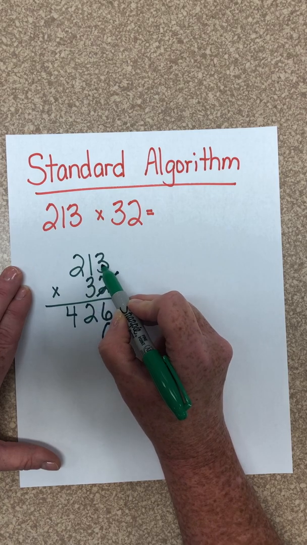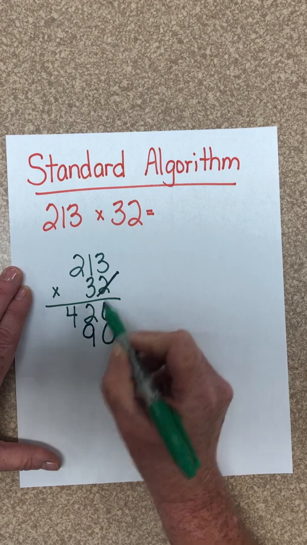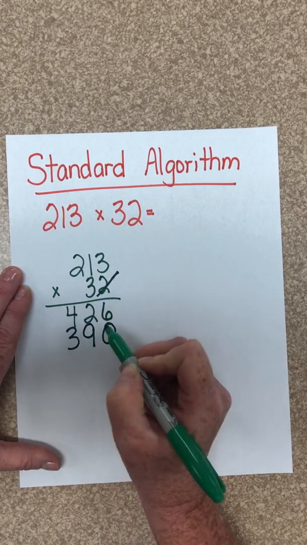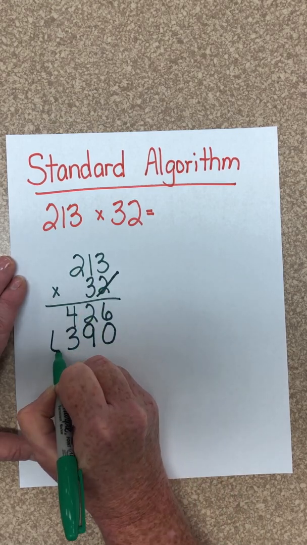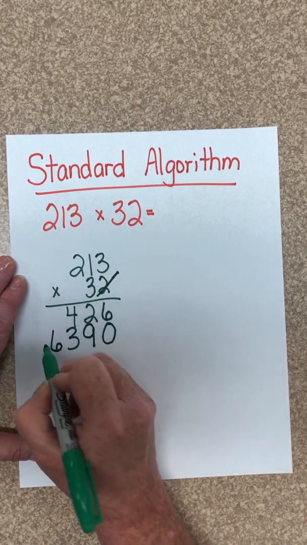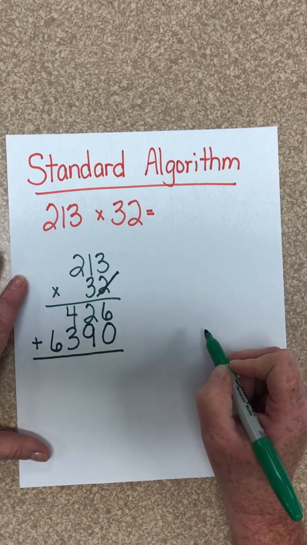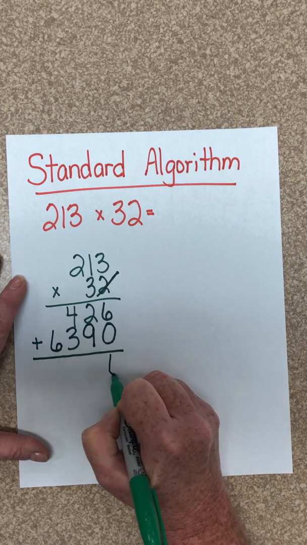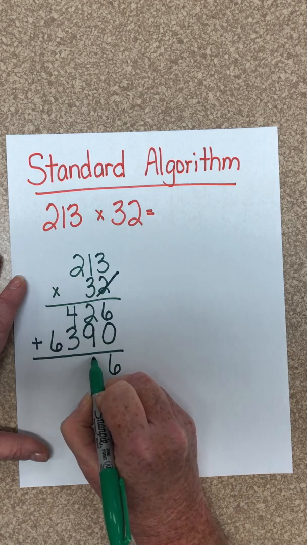Now let's move up to the 3 in tens place. 3 times 3 is 9. 3 times 1 is 3. And 3 times 2 is 6. And now let's add these 2 rows of numbers. 6 plus 0 is 6. 2 plus 9 is 11.